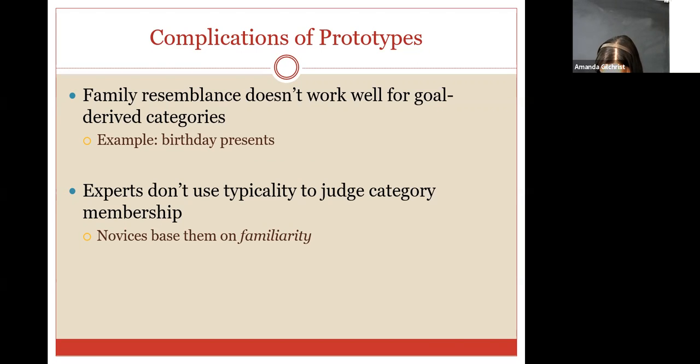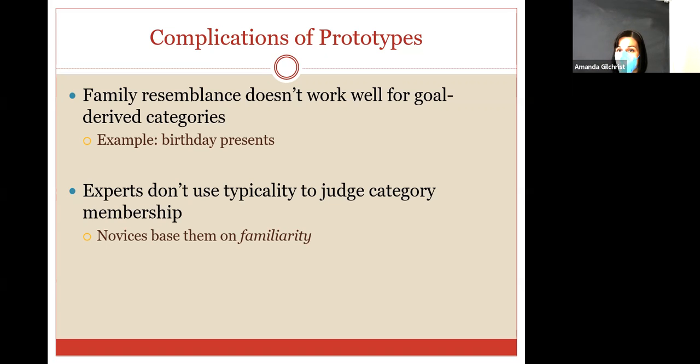Novices typically use familiarity. For novices, they actually pick maple and oak trees. Why did they pick those? Because maple trees and oak trees are everywhere. It's not because they're typical, it's because they are more familiar. And then additionally, ginkgo trees. Have y'all ever seen a ginkgo tree?